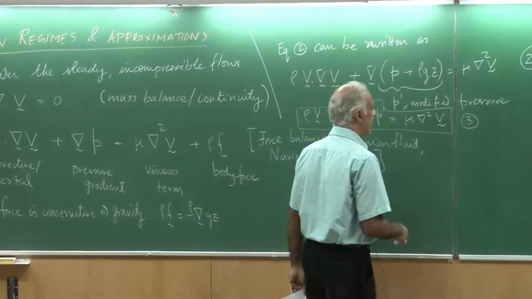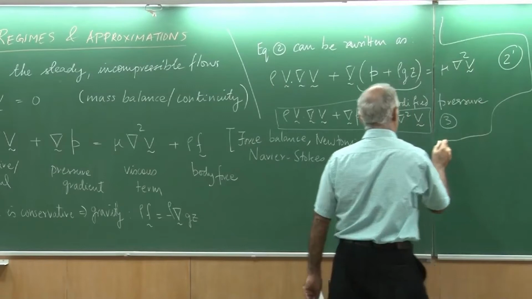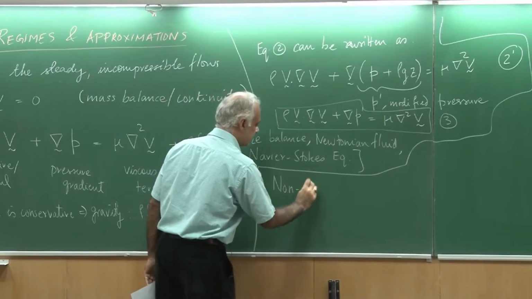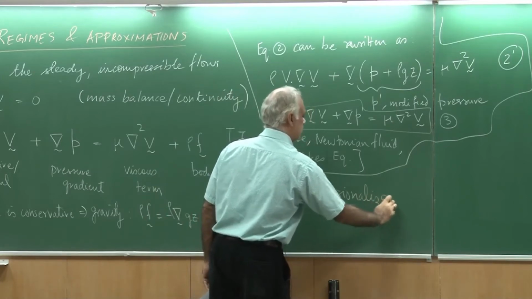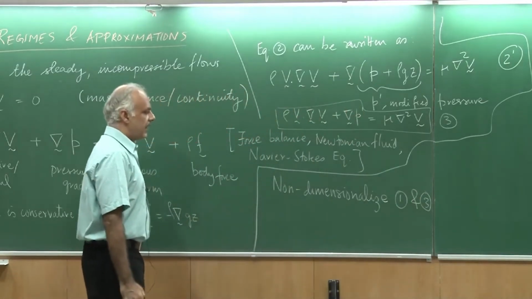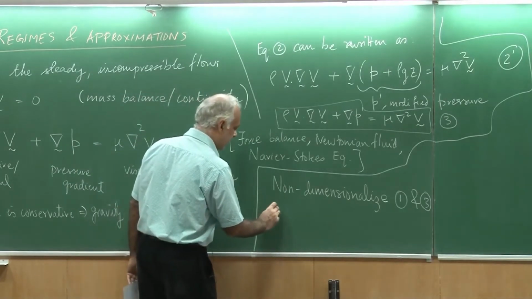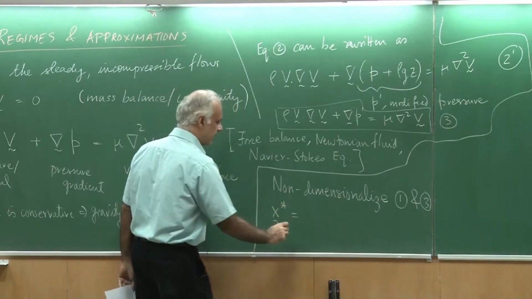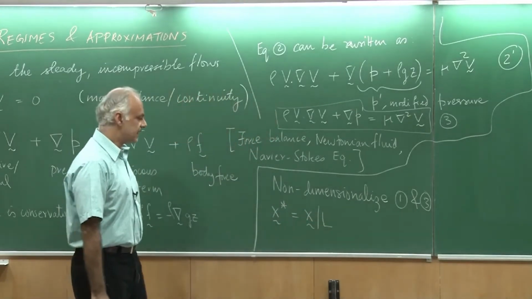What I will do now, and we have done this before, is try to non-dimensionalize these equations. So let us non-dimensionalize 1 and 3. And I will use the same variables that we did earlier. So we are going to say that let x star be the non-dimensional x variable, and that's going to be given as x divided by L, which is the characteristic length.